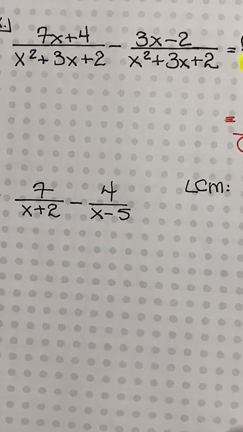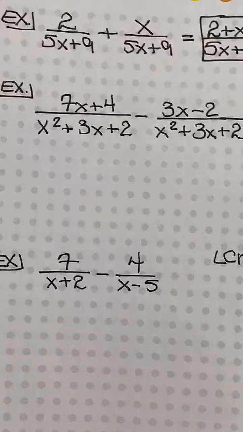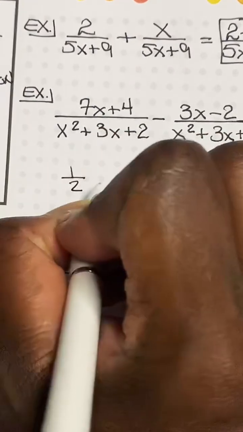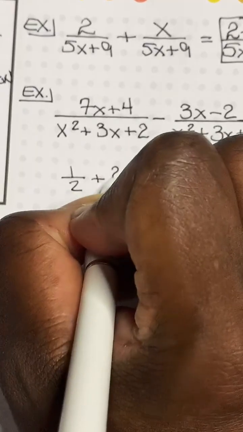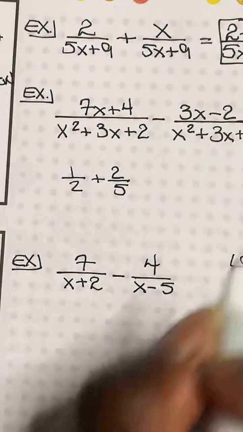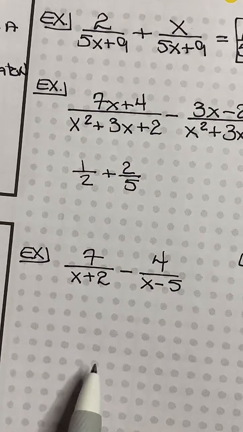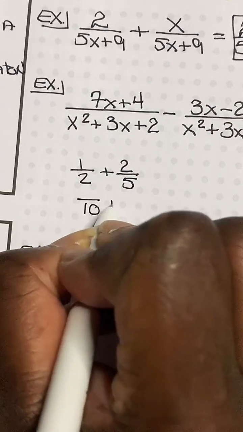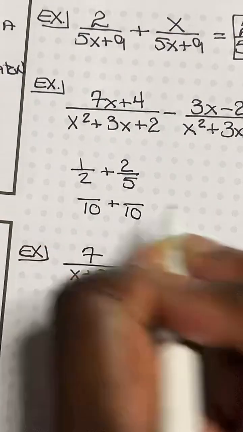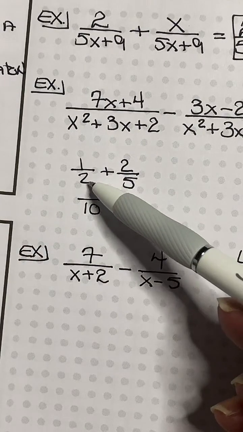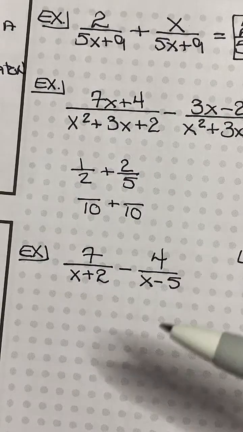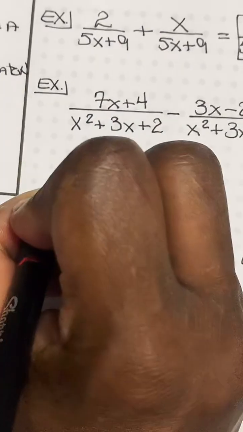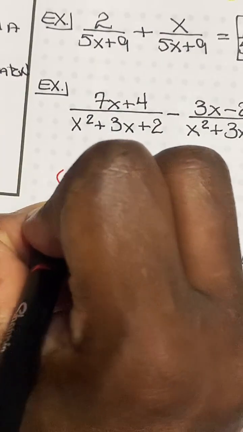I'm going to put it in this little space right here. If I had 1/2 and I want to add 2/5, I know I need a common denominator. Let's say the common denominator I'm looking for is 10. How do I change this 2 to a 10? I'm going to multiply it by 5.